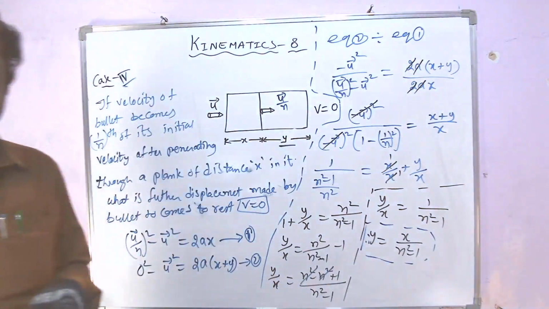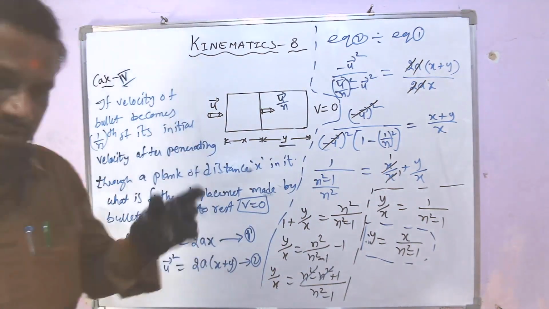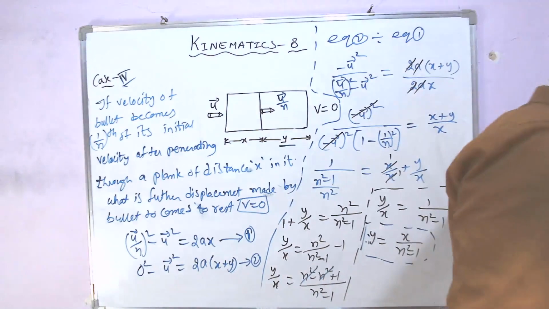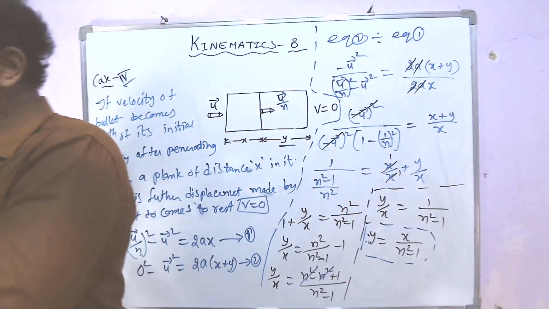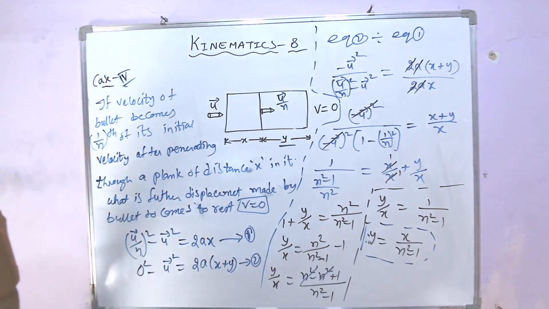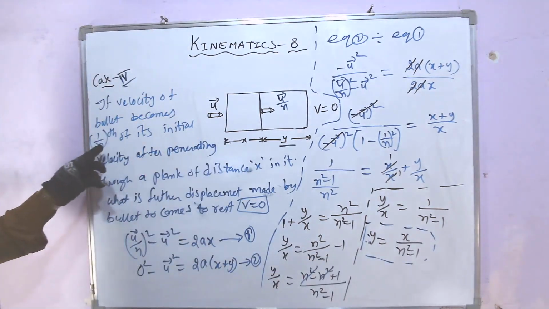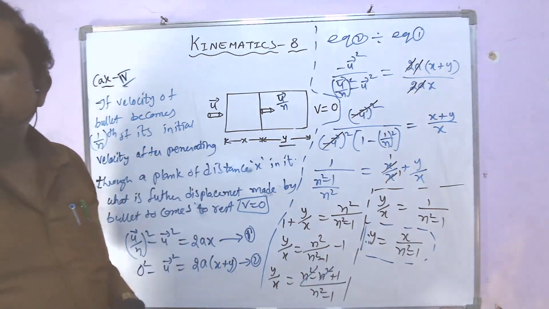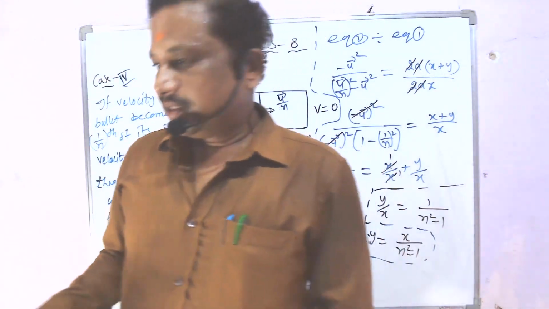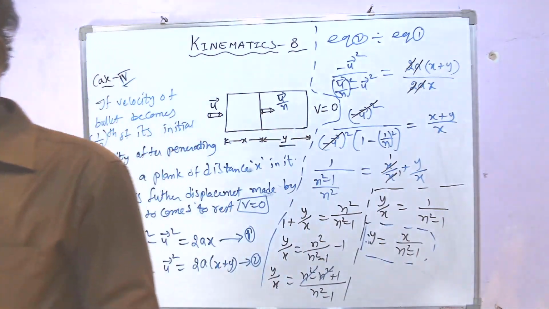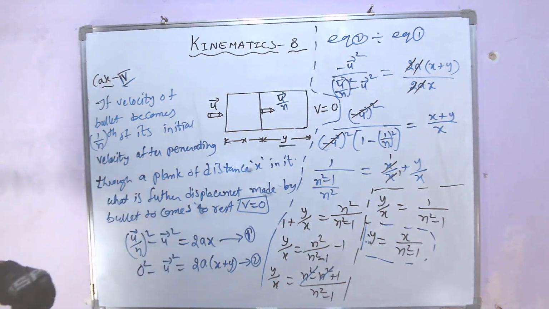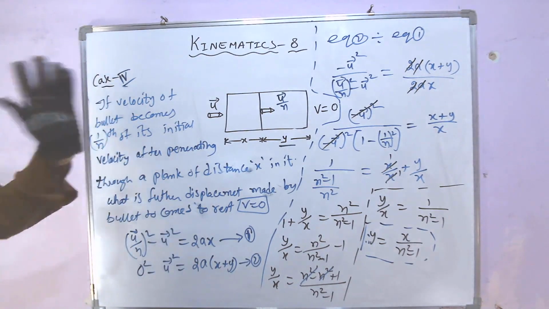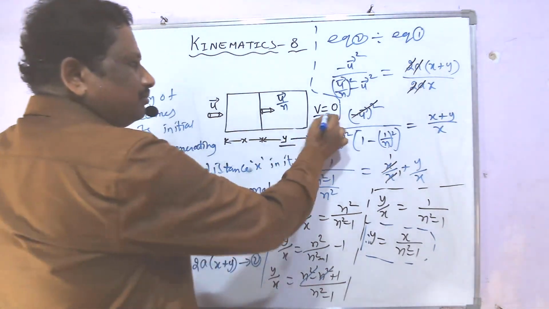So how much further distance does it travel after crossing the distance x, once its velocity becomes 1 by nth of its initial velocity? x by n square minus 1 distance it will travel. x is already given and n is also given. If you substitute, we get the resultant distance it has to travel for its final velocity to become 0.